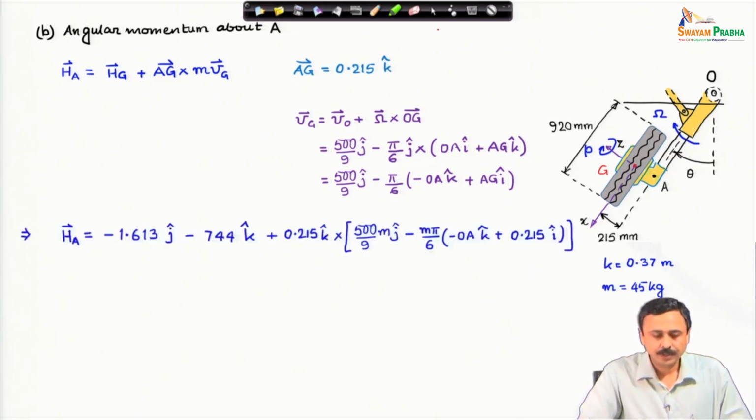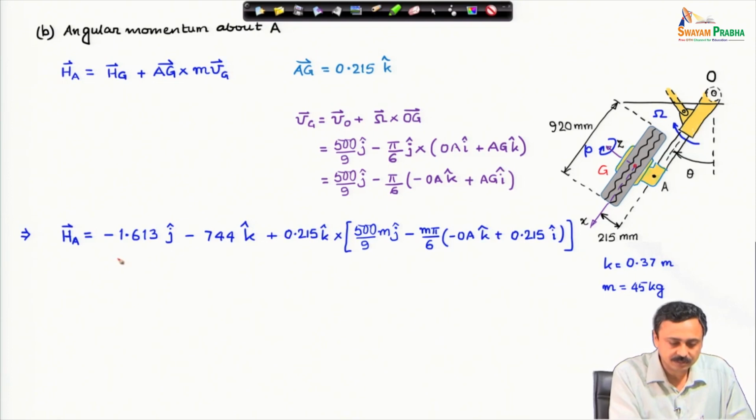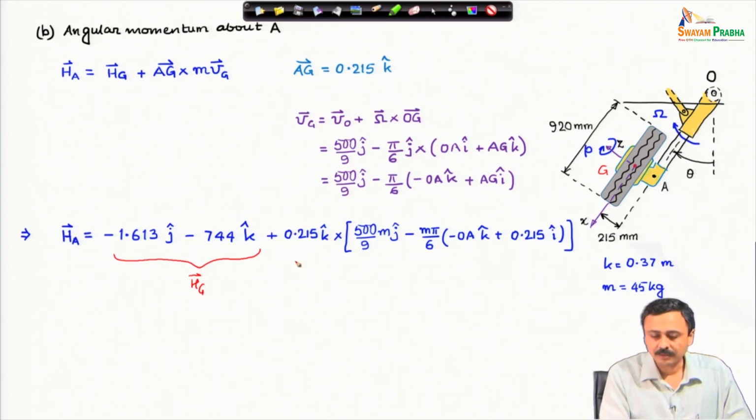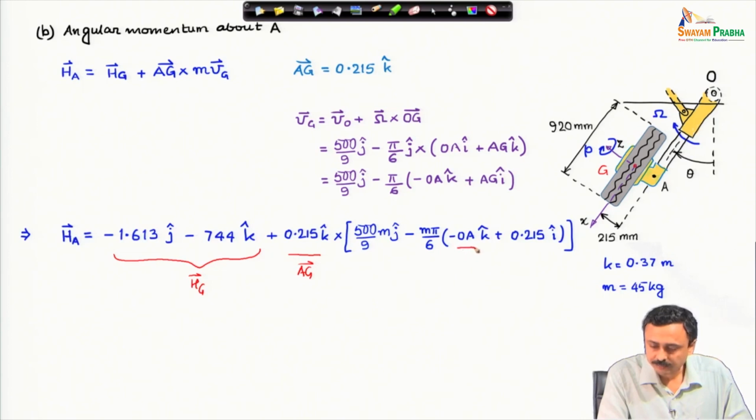So far so good. Now, I plug in these expressions in the angular momentum expression about A, the absolute angular momentum. This first vector is H g, and the rest of it is A g vector cross mass times velocity of g. And if you notice, O A, which is an unspecified dimension, is in the k cap direction.